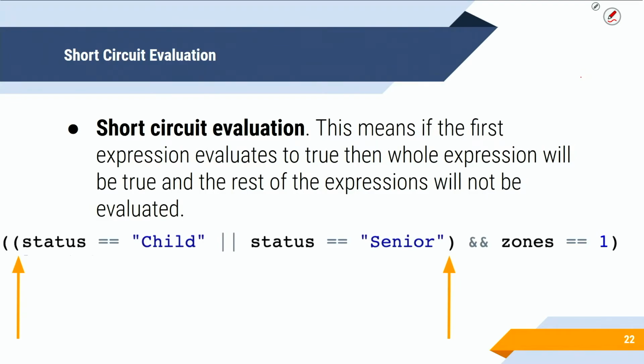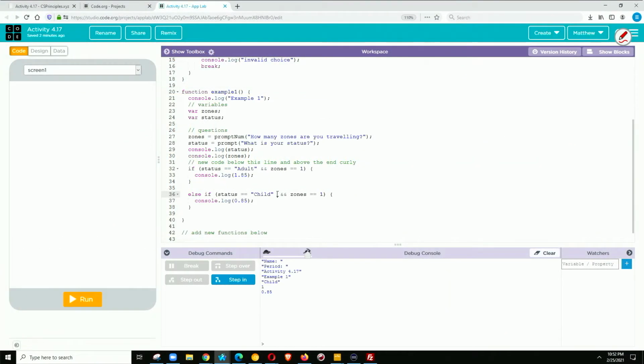So let's go ahead here and we'll add our senior. So we'll add status equal equal senior. And again, we're going to put that whole OR expression in parentheses. Let's test this out again.